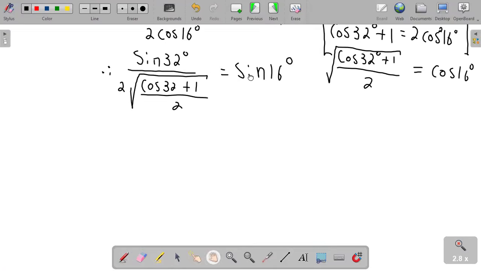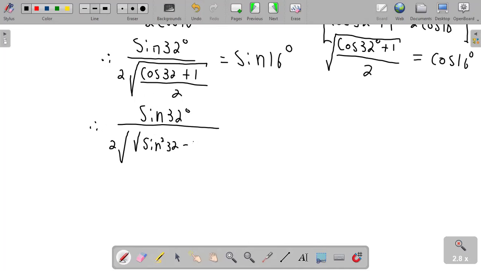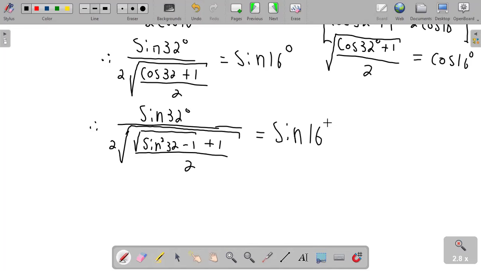Then we can change the 32 here. We then can say, therefore, sine 32 degrees divided by 2, and then cos 32 is going to be sine squared 32 minus 1, and then plus 1, over 2, with a bigger square root here, equals sine 16 degrees.